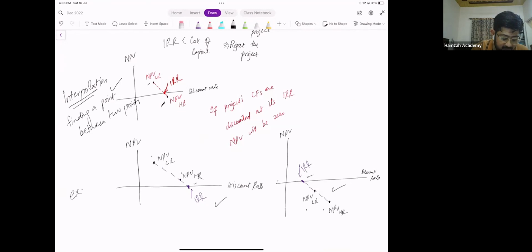This is called extrapolation, finding a point beyond 2 points. Extrapolation and interpolation.